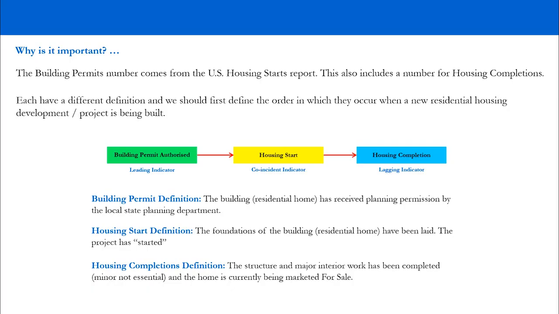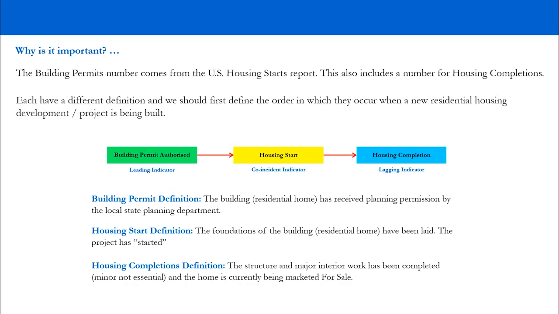So you can see how the flow works. Building permits are considered a leading indicator because if there's a very high level of applications going in to all state planning departments across the United States, then it means that a lot of houses are going to be started in the future, and a lot of houses will come on the market for sale in the future.